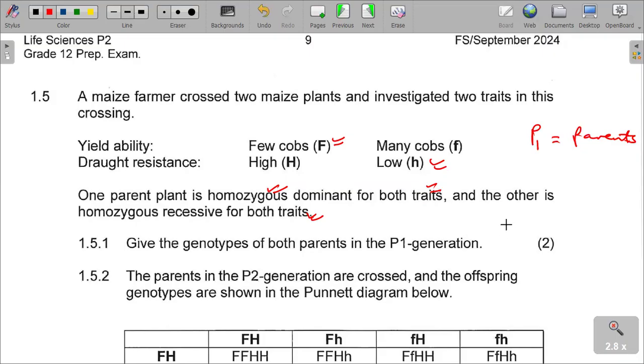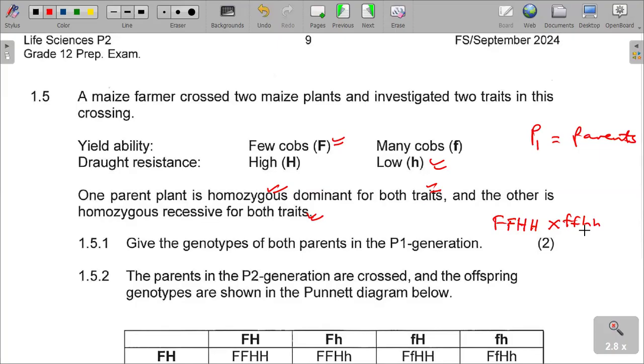So in this case, we can have our dominant allele for few corpse, also the dominant high yield and the dominant drought resistant, crossed with our small f h.